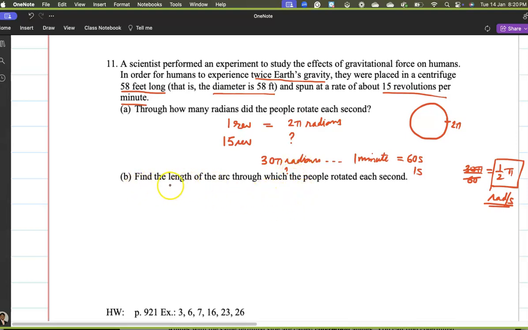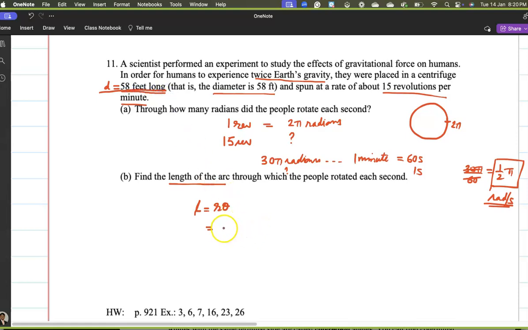Find the length of the arc which people rotated in each second. What is the formula for length of the arc? r theta. What is r? The radius. So what is the radius?